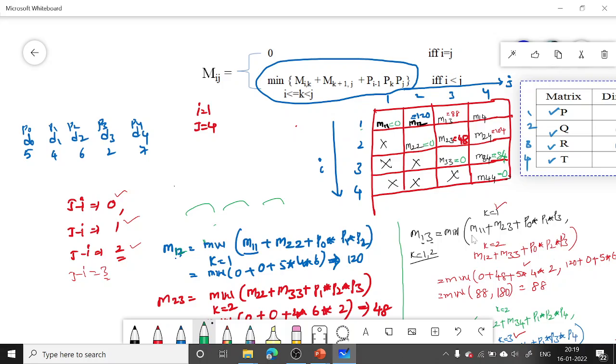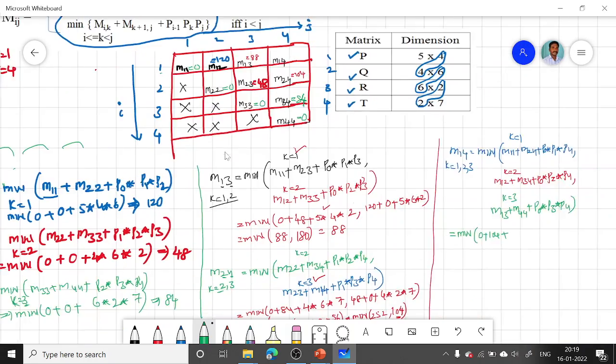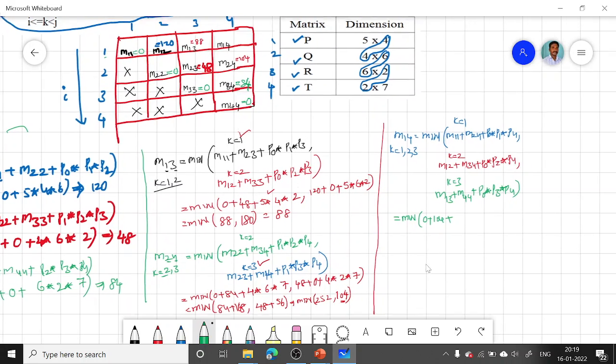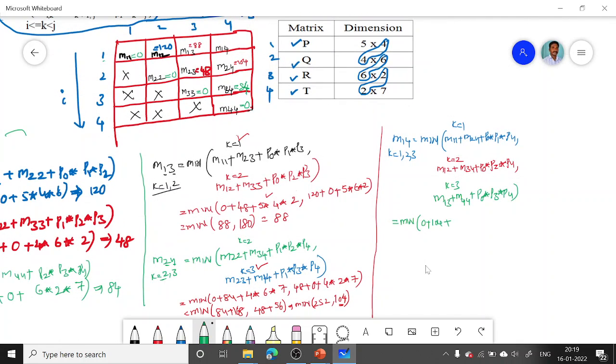So once again copy the same values here. What is the P0 value, 5, into P1 value 4, into P4 value 7, comma.